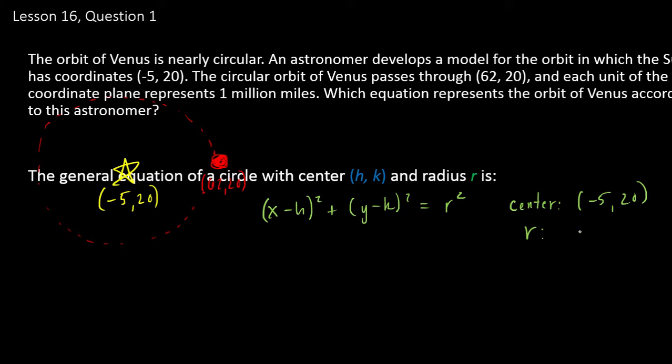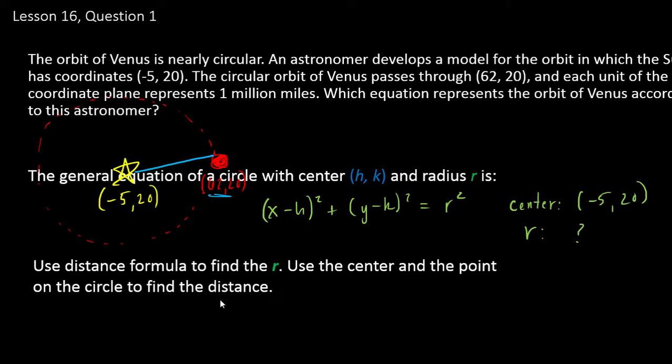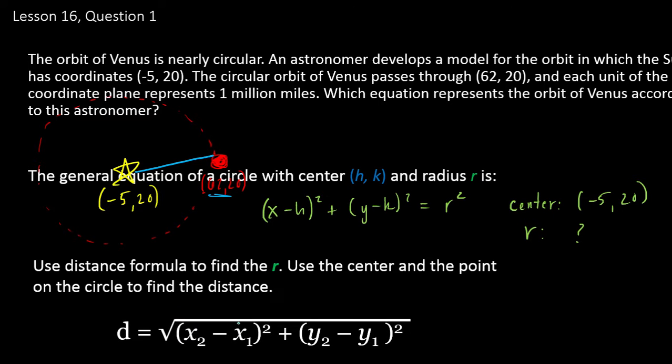So what about my radius? Well, they didn't give that to me. I need to know the distance between the sun and Venus, but I don't know it. What I do know is a point on this circle. Given that, hopefully your brain automatically goes to the distance formula. So I need to use the distance formula to find r. There's my distance formula. Notice that it uses two coordinates, (x2, y2) and (x1, y1).